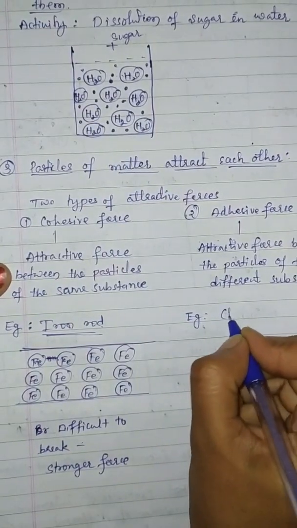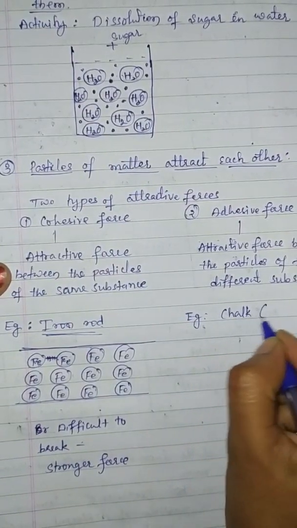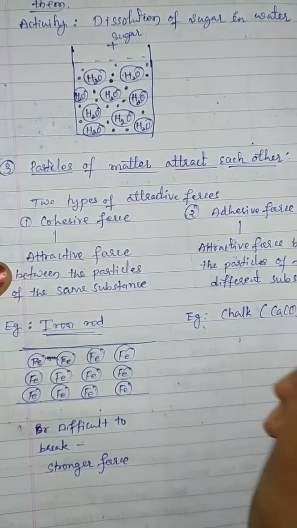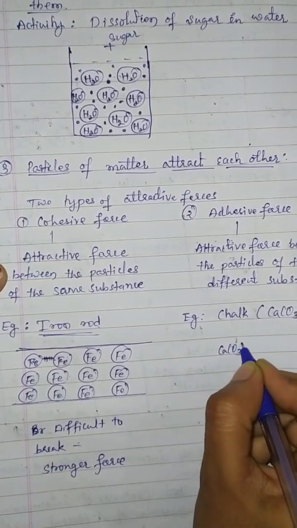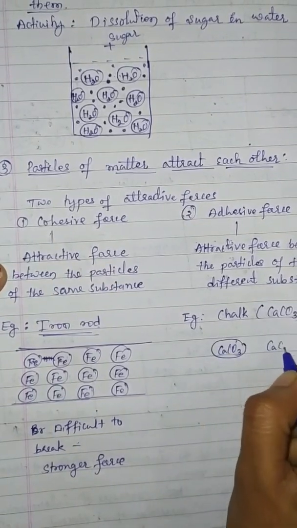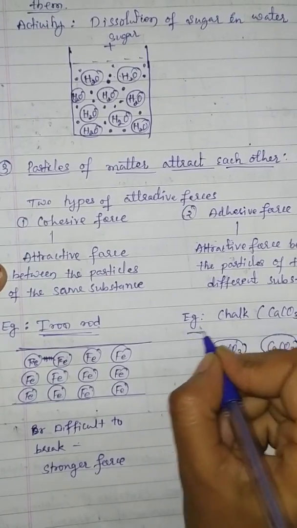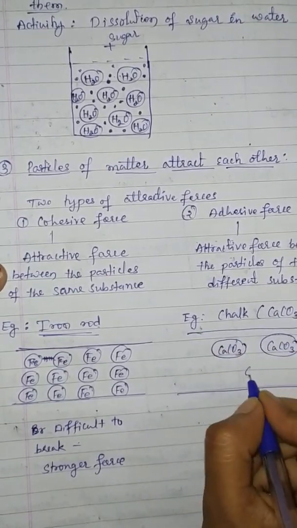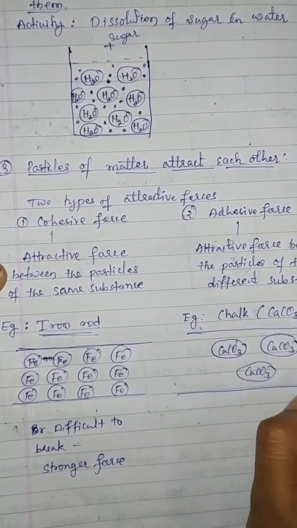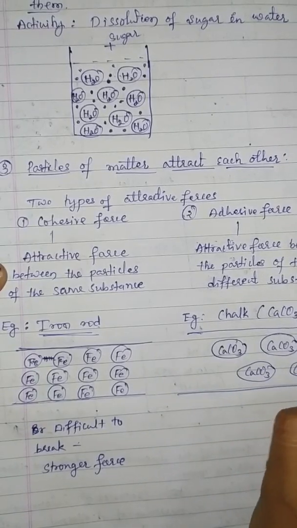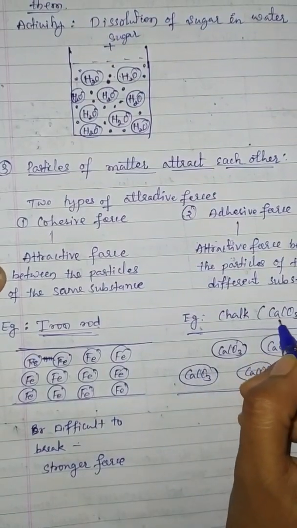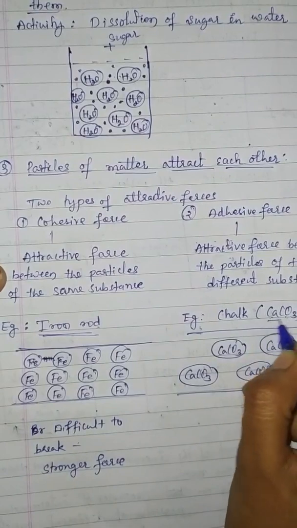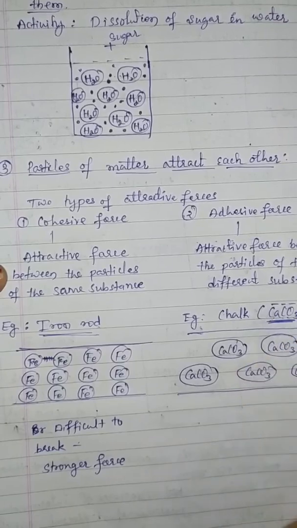Next we will see an example for adhesive force. We can take chalk. Chalk is calcium carbonate, a compound made up of different atoms: calcium, carbon and oxygen.